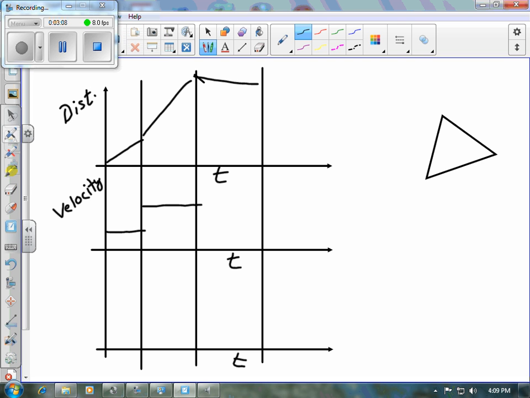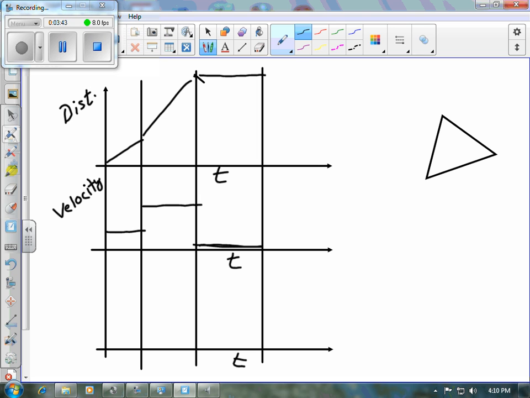So let's erase this last segment here. Oh, neat! I can make my eraser smaller. That's kind of handy. Okay. The last section, the distance will just stay the same. So the velocity goes back down to 0. So that's 0 for the last section.